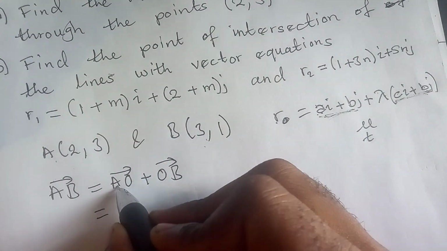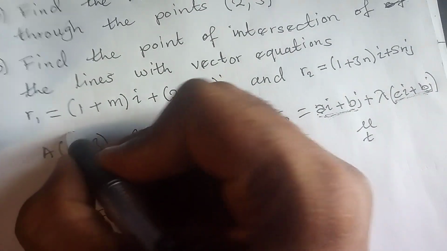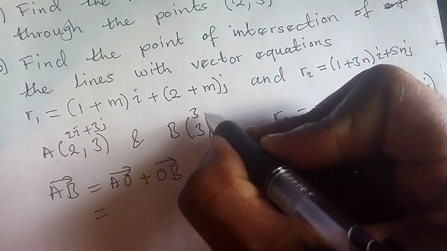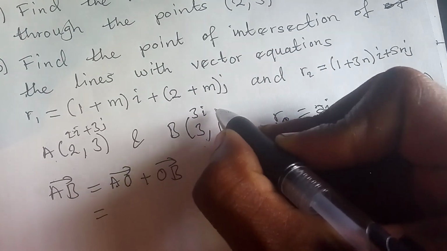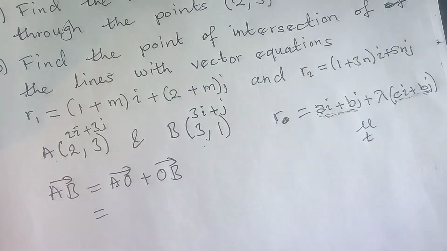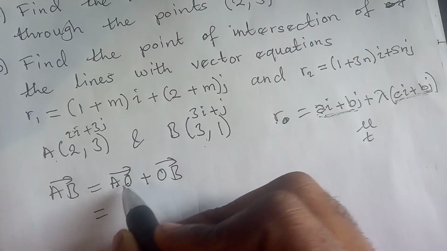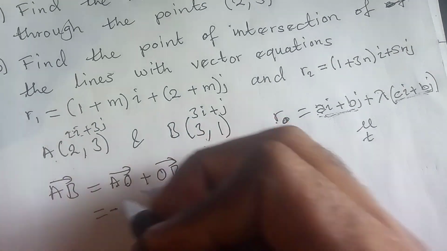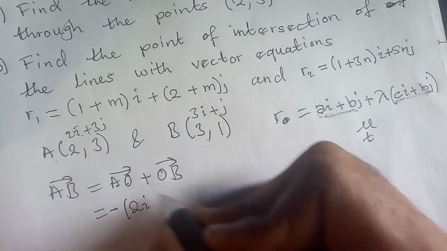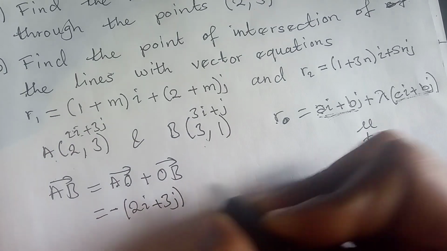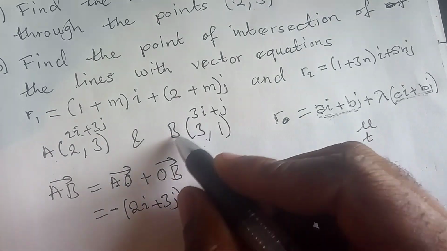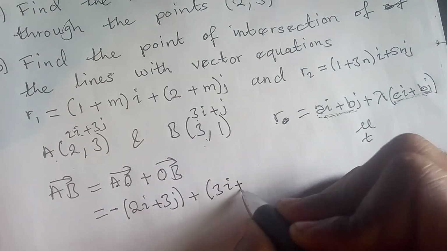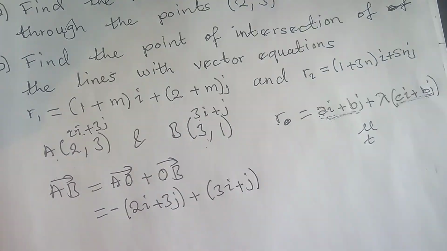Remember OA is 2i plus 3j, and OB is 3i plus j. So our AO will be the negative version of this. So -2i minus 3j plus our OB will be this one, 3i plus j.